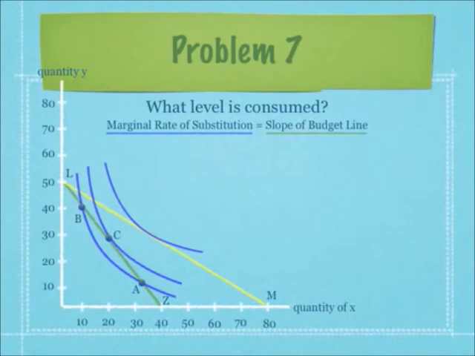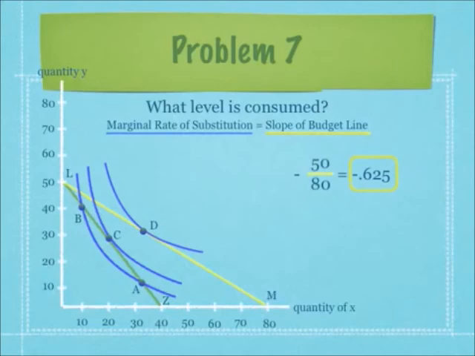Excuse me. So if the budget line shifts out, rotates out, and LM is the new budget line, the consumer will want to move to a higher indifference curve, which will be right there at point D. The slope of the budget line at D is equal to negative 6.625.